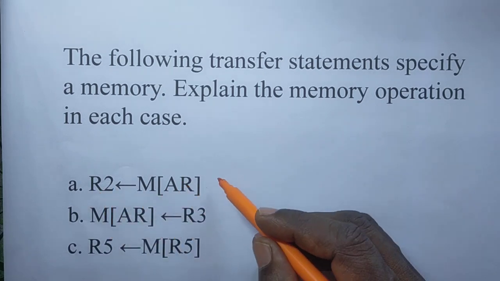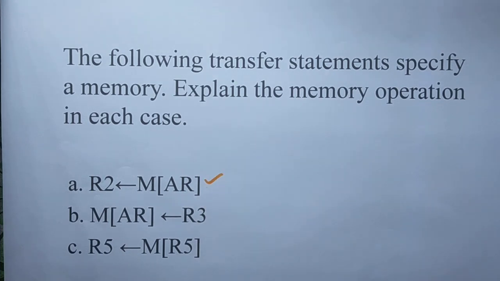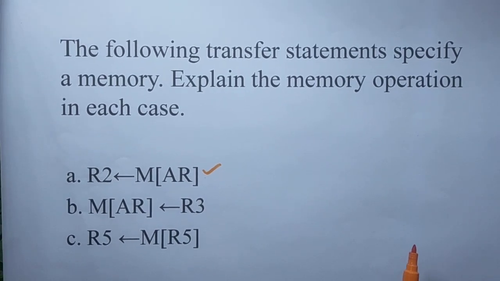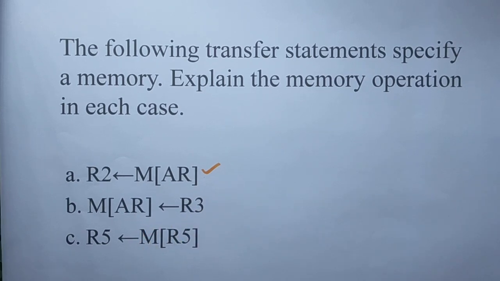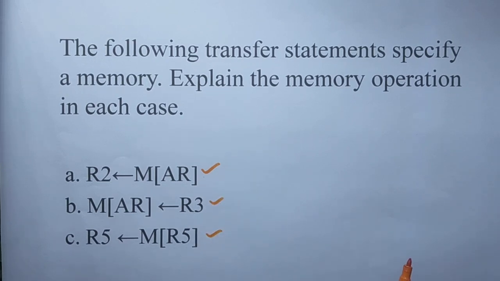It is mentioned in this way. Another is the content of register R3 transferred to memory at the address register. Another is the content of memory at register 5 transferred to R2. These are the three transfer statements given.